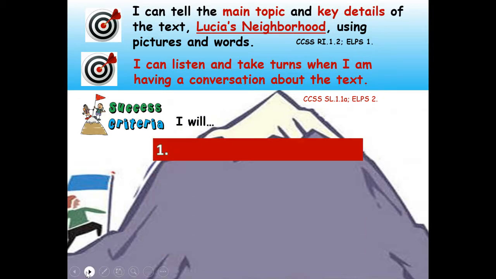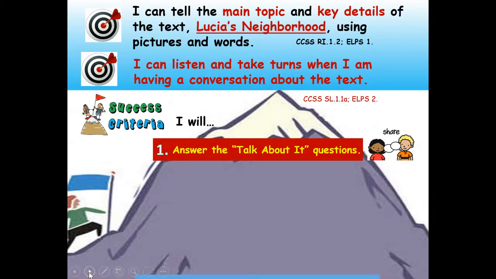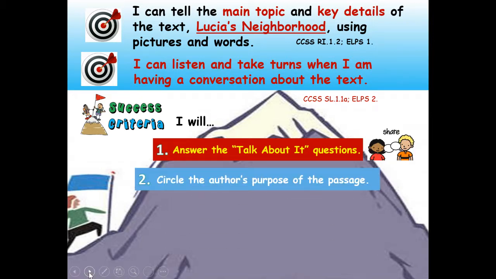Number 1, the first thing we're going to do, I will answer the talk about it questions. Number 2, circle the author's purpose of the passage. The author's purpose is as easy as pie. That's our acronym. P for persuade the reader, I for inform the reader, or E for explain or entertain the reader.